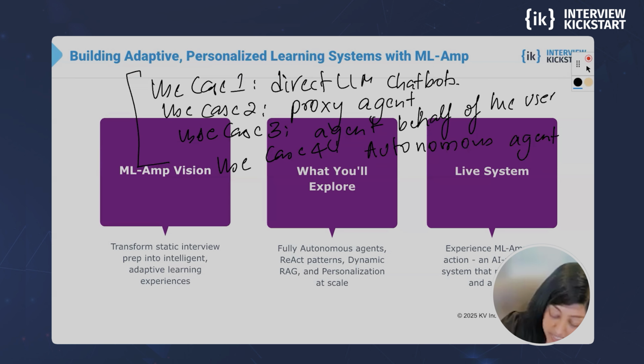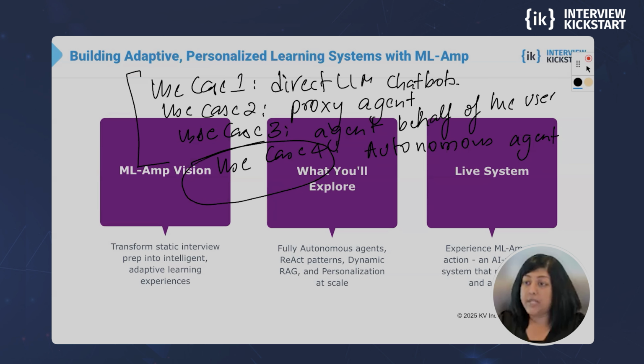And ML today, why did I bring this up? ML today resides in this autonomous agent world, right? ML uses a couple of agents, not a couple, 7 or 8 of them to be precise, all of them working together to help you as a learner level up your ML knowledge base, or to help you prepare for ML focused interviews. Okay. So ML's vision is to transform static interview preparation.